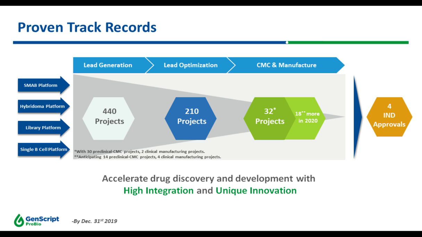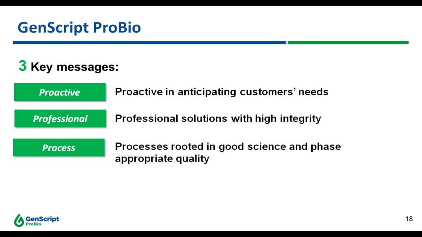Overall, we have proven track records with more than 440 projects carried out in the company, from lead generation all the way to CMC manufacturing, which is produced for IND approvals. So for GenScript ProBio, we are proactive, professional, and the process is rooted in good science and fit-for-purpose study quality.